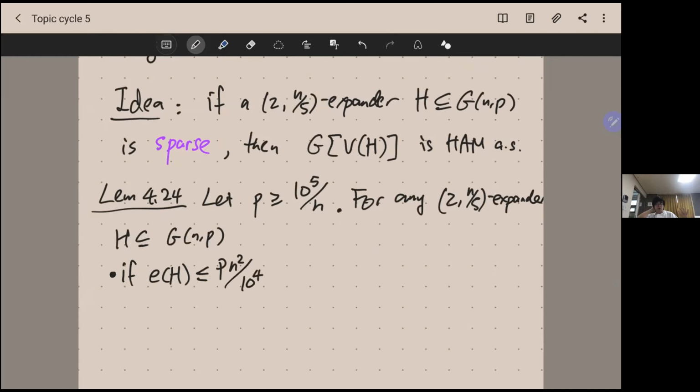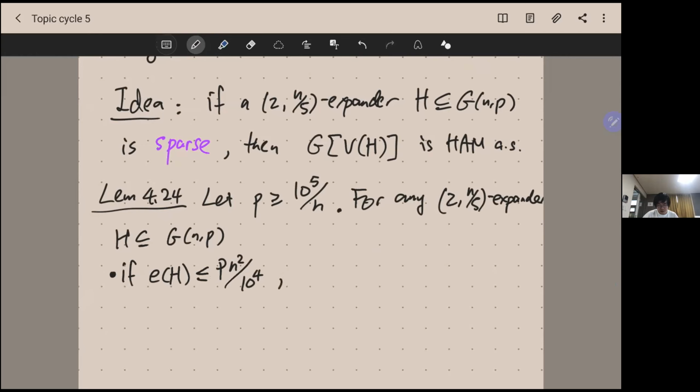The expected number of edges is roughly pn²/2. There are n²/2 pairs, and each would be an edge with probability p. So this is saying that it's less than, say, 0.1%. It's sparse, but still a constant proportion of the size.